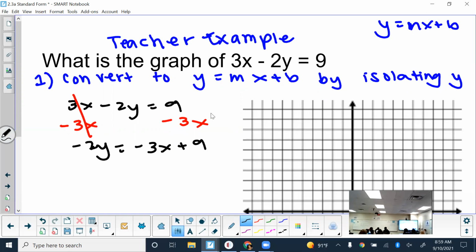We're not changing anything other than the order. The 3x is still negative, the 9 is positive, so that's why I wrote plus 9. Good there? Now what's the opposite of multiplying by negative 2? Dividing by negative 2 on each side, which means make sure you do it to both of these terms on the other side.